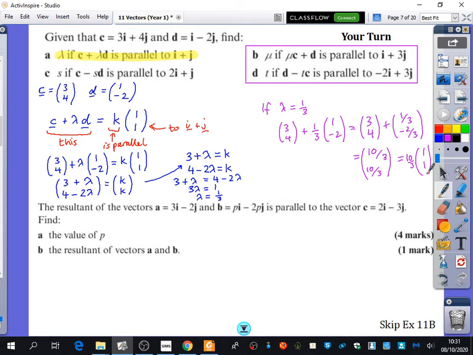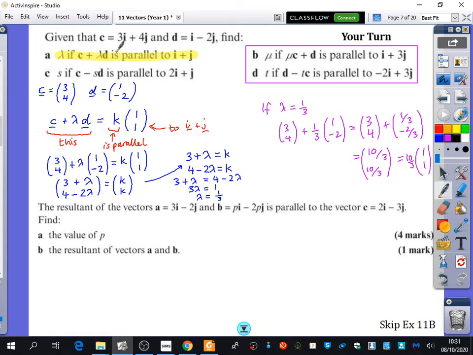Can anyone tell me anything more about this C plus lambda D when we make lambda a third? We know its direction because it's parallel. What else do we know? The direction is the same, yeah. Do we know anything about its length in comparison to 1, 1?